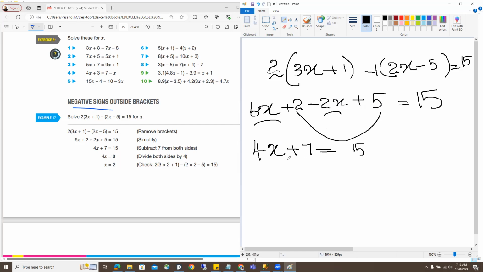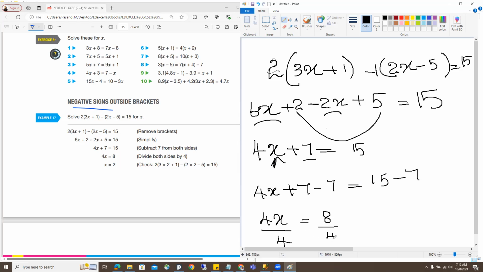Now we have to isolate x, so we subtract 7 from both sides. 4x is equal to 15 minus 7, that is 8. Then we divide both sides by 4. That means x is equal to 2.